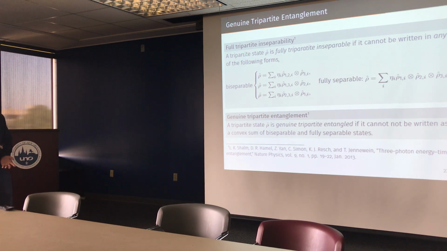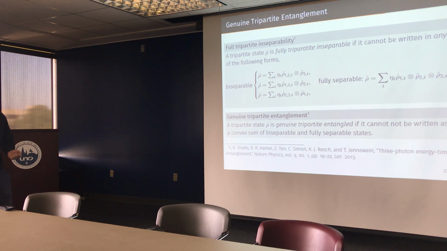So full tripartite inseparability means that rho, for a tripartite system, cannot be written in any of these four forms. The first three are biseparable forms, where you can separate the system into two parts, 1, 2 with 3 separate, and then 1 and 2 might be entangled in this case, then 1, 3.